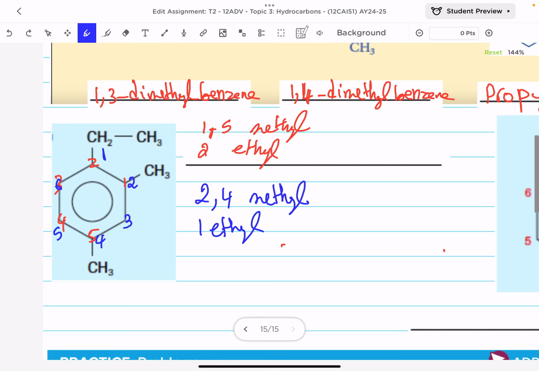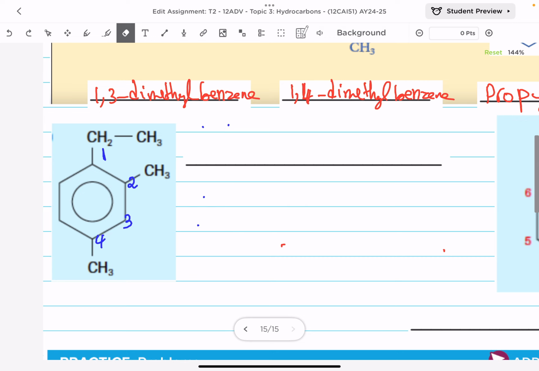So in this case, this is much better. Here, if you add 1 plus 5 plus 2, that's a total of 8, while here 2 plus 4 plus 1, that's a total of 7. So here it is lower. So I'm going to go with this way of numbering, the blue one.